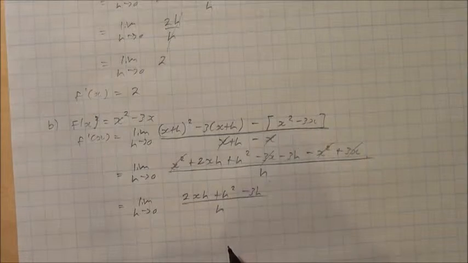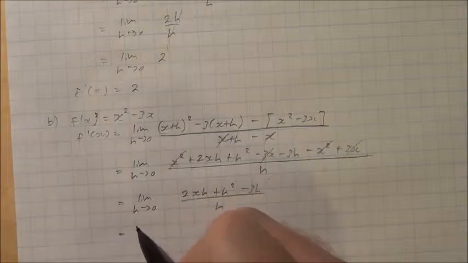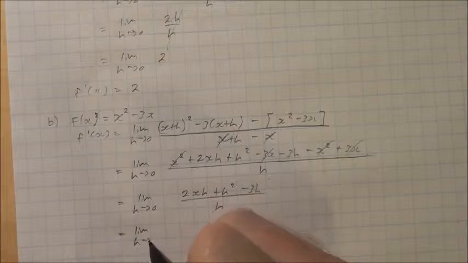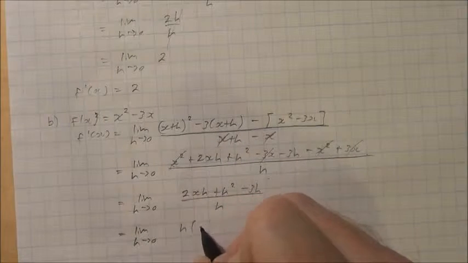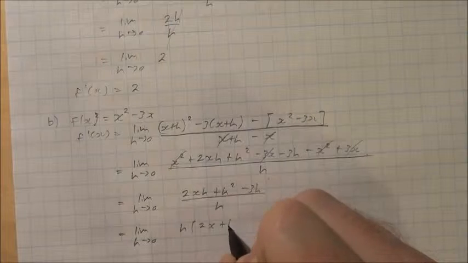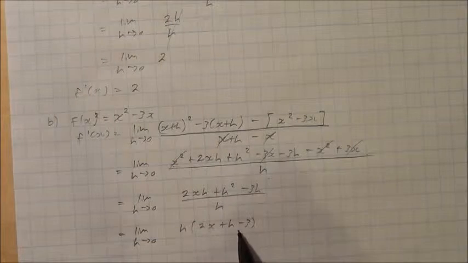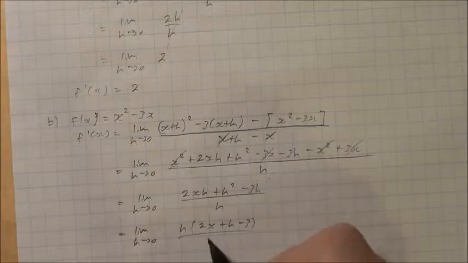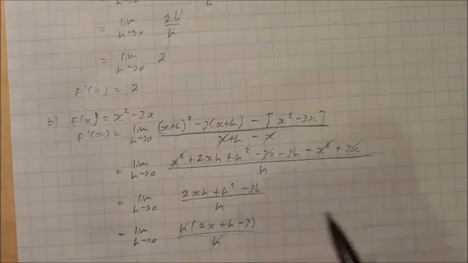We've got an h in each term, so we'll factor that out, and be left with 2x plus h minus 3. The h's simplify down here.